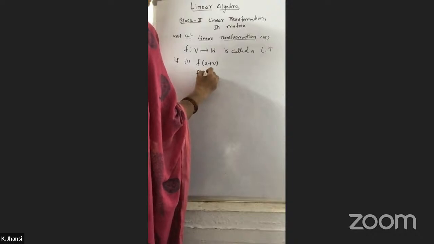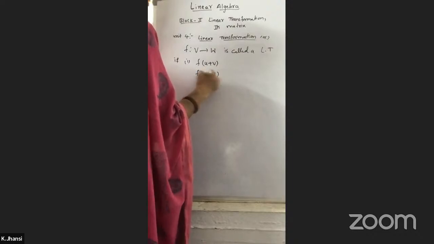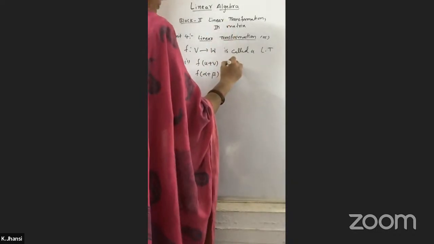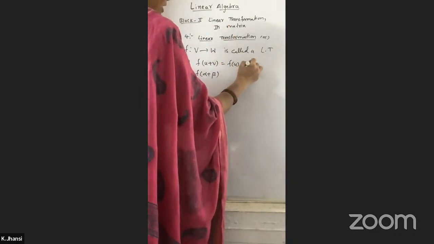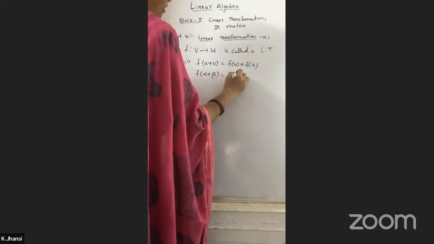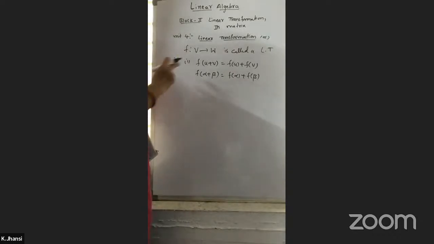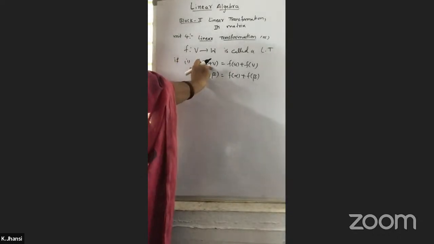Okay. Or else F of alpha plus beta also, any vectors. Okay. F of U plus V is equals to F of U plus F of V, or F of alpha plus F of beta. This is the first condition. Okay, this is the vector addition.